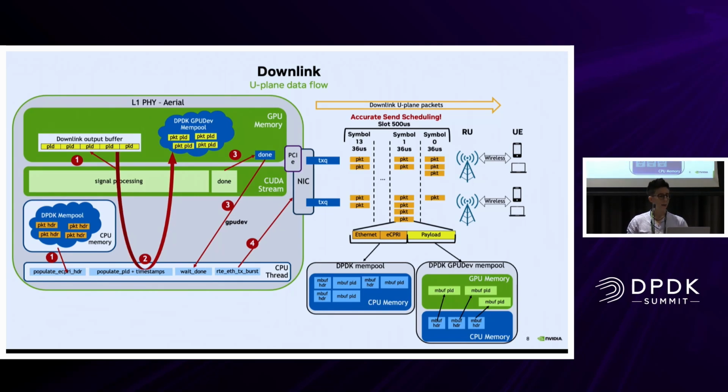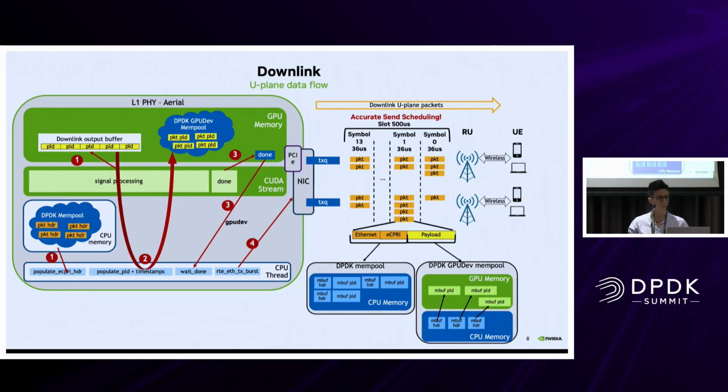Basically, in 5G networks, you cannot just create and send packets over the network. As I said, you need to respect a timed pattern. In a slot of 500 microseconds, you have 14 symbols to send your packets, and each symbol is basically composed of 36 microseconds.